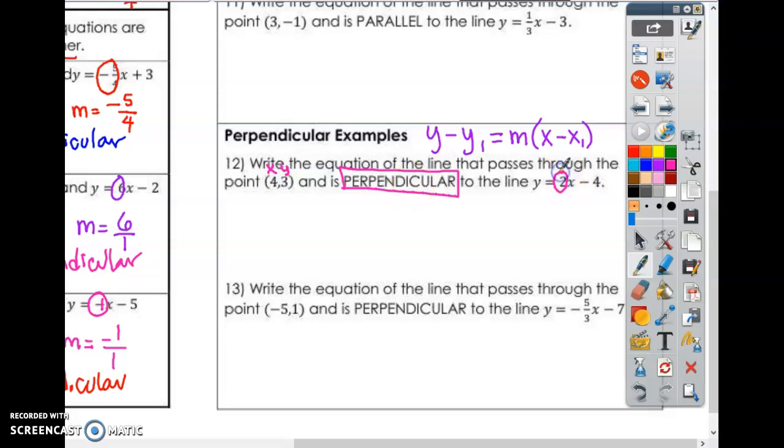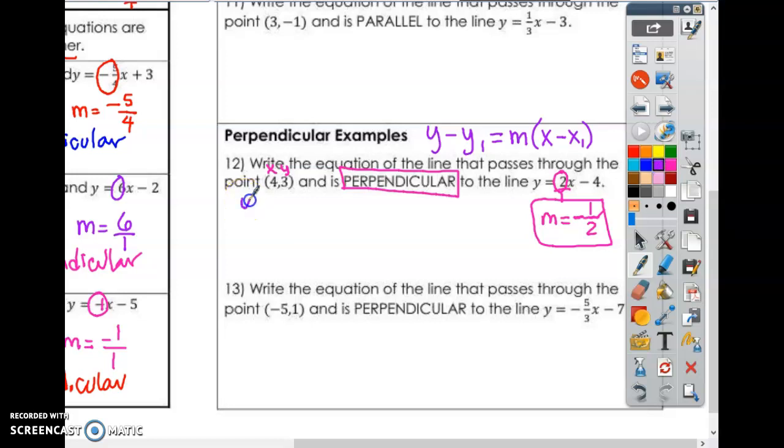So if this is my slope, what's going to be perpendicular? M equals. This one's positive, so this one has to be negative. This is 2 over 1, so this has to be 1 over 2. So when you look at the answer choices, you're looking for something that has negative 1/2 as the slope.